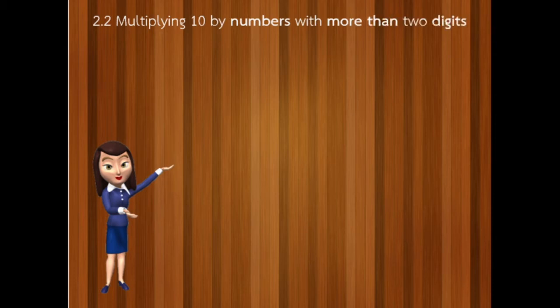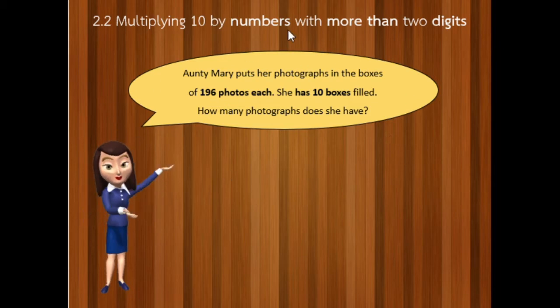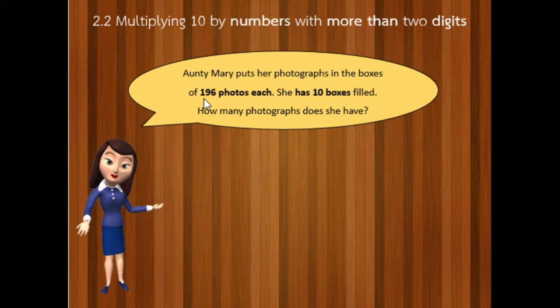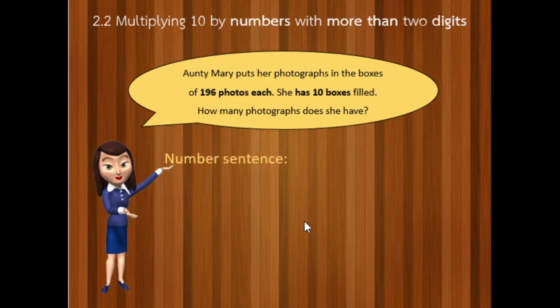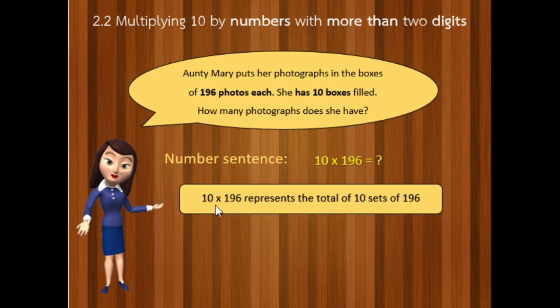Multiplying 10 by numbers with more than 2 digits. We had this example last time, remember? It says here there are 196 photos in each box, and she had 10 boxes. How many photographs does she have? Thus, we create our number sentence. It's 10 times 196. 10 times 196 represents the total of 10 sets of 196.